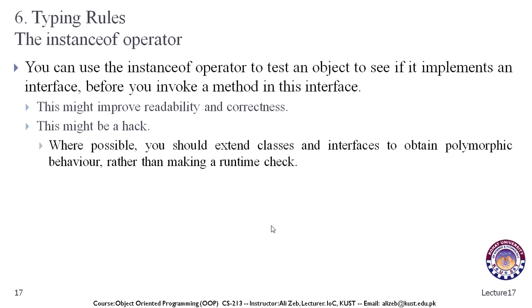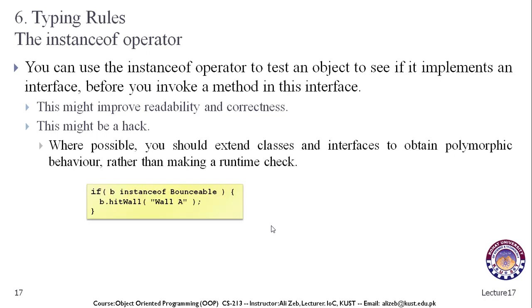Where possible, you should extend classes and interfaces to obtain polymorphic behavior rather than making a runtime check. So we can use the instanceof operator, but alternatively we can explicitly extend those classes and interfaces instead of checking them at runtime using the instanceof operator.